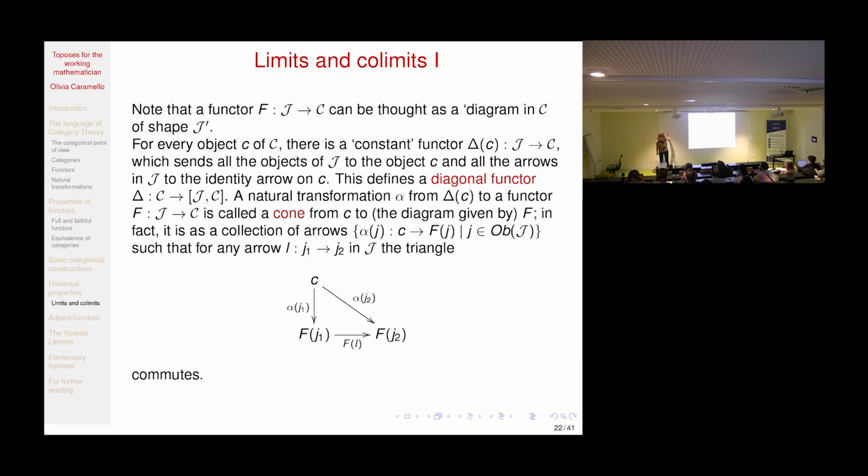This is the diagram which sends everything to C, and if you have arrows in the source category, they are sent to the identity on C. So you see that actually this is an instance of a naturality condition, where you can write this triangle as a square, where here you have C, C, the identity, and then this, which is in diagonal, becomes in vertical.